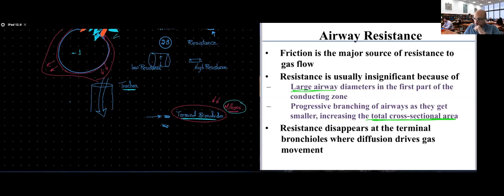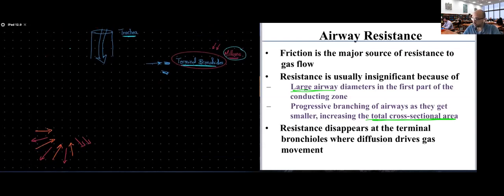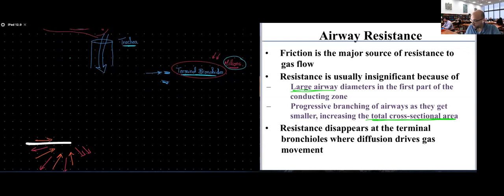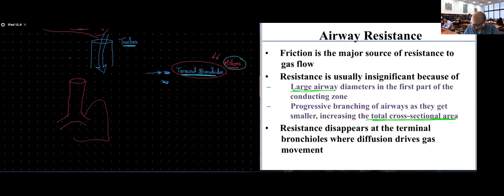So when would I have a problem with the resistance of my airways? If a person, for example, has asthma. So during an asthma attack, what happens? If I have asthma, I have hypersensitivity, and this hypersensitivity causes accumulation of mucus and exudate in my airways.